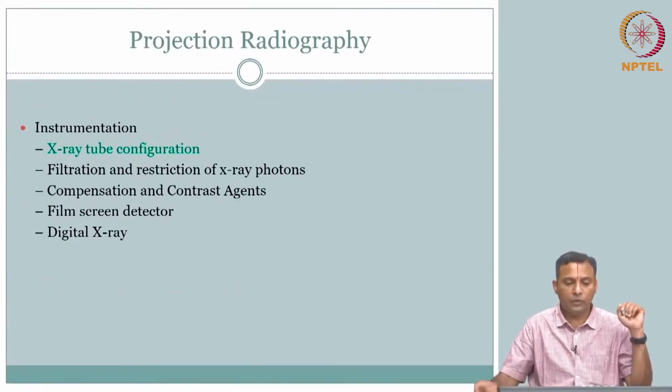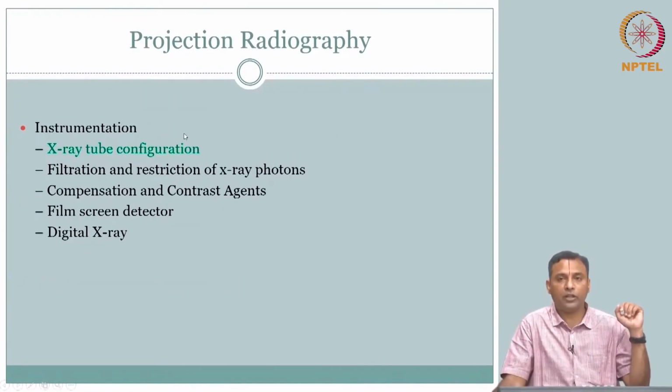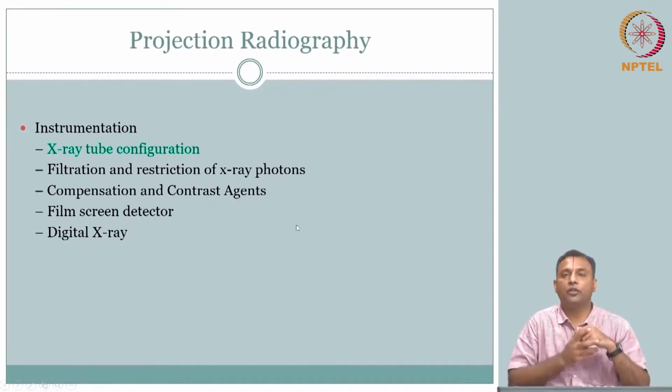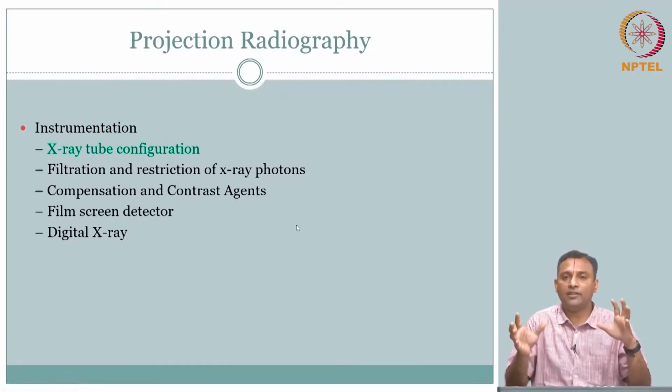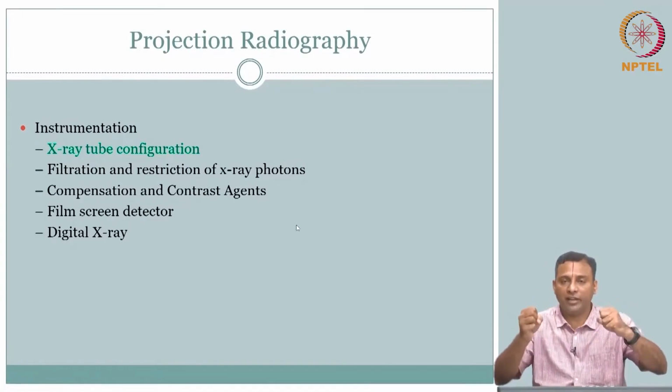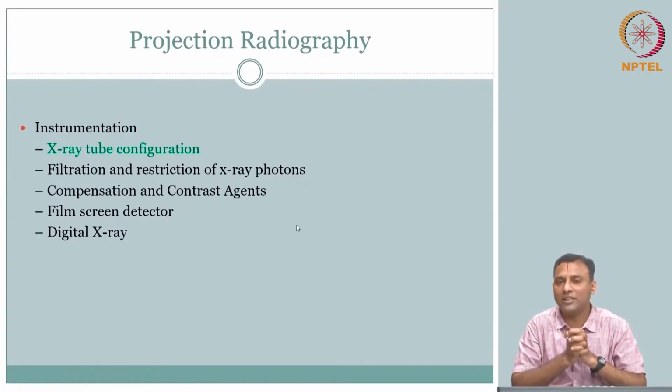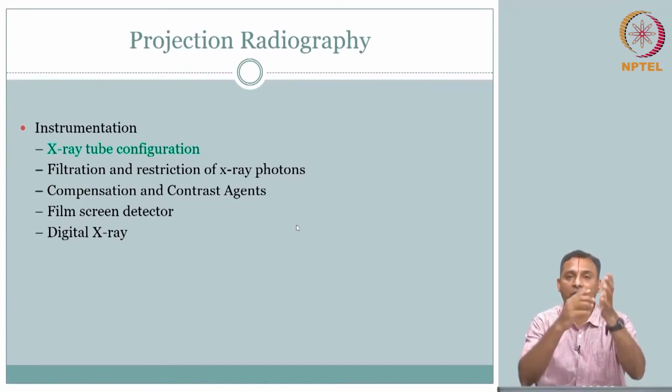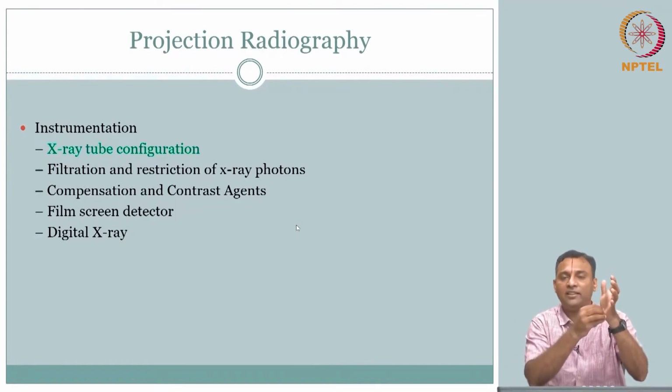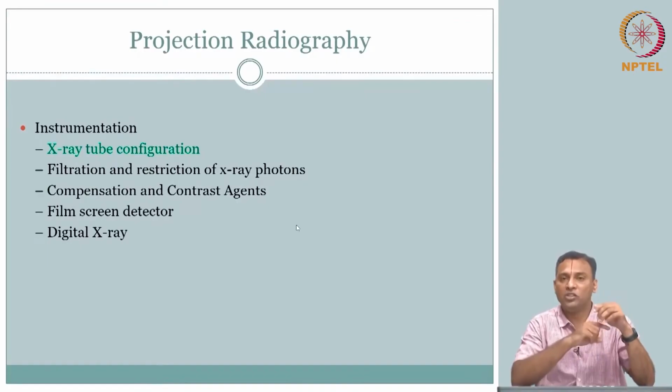Now, we finished the X-ray tube configuration, and we will quickly move towards filtration and restriction of X-ray photons. So, the first part we have done is that we have created the X-ray. When I say X-ray, just to tease you, what is coming out? The anode is doing its job and the interaction takes place, Bremsstrahlung, right?